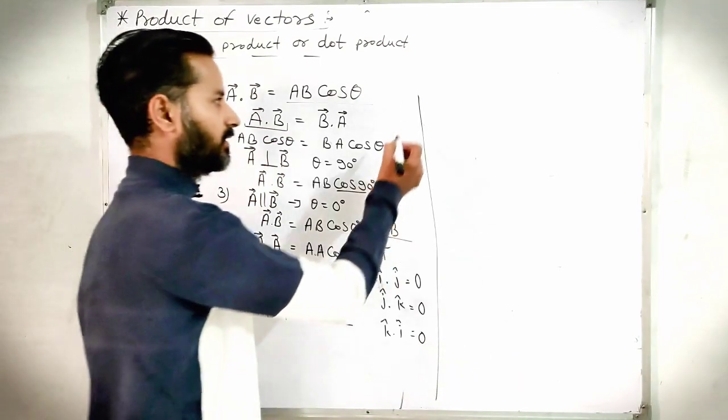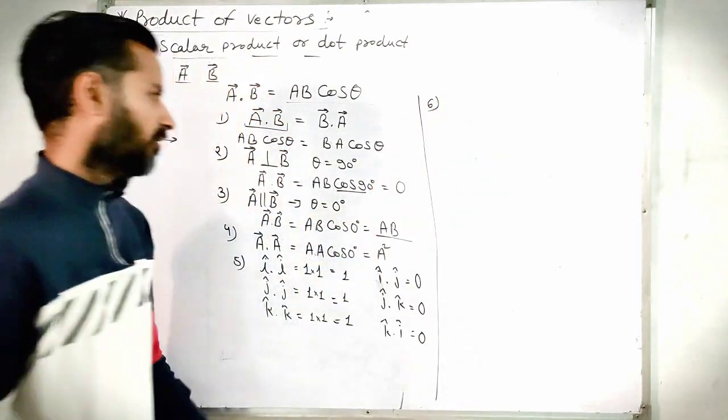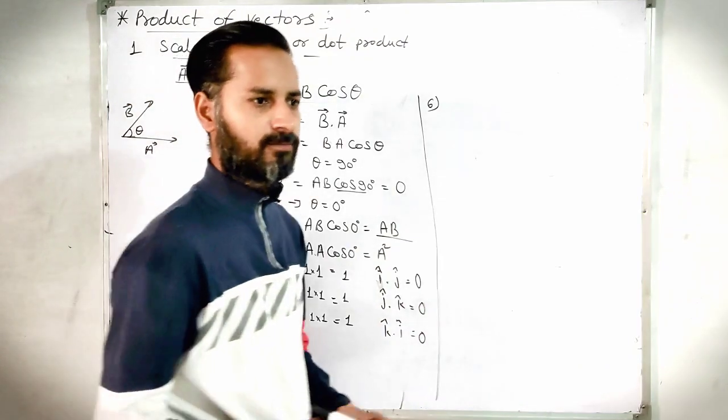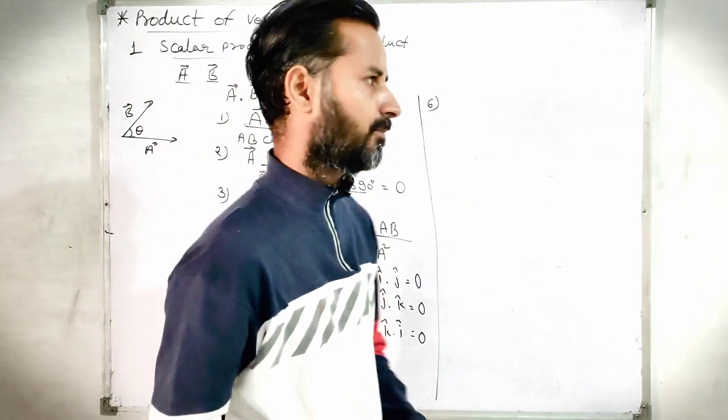Now the next property is the dot product of two vectors in terms of their components.